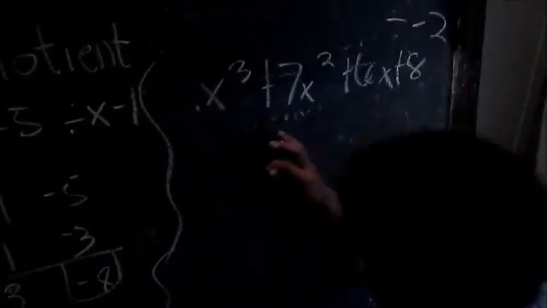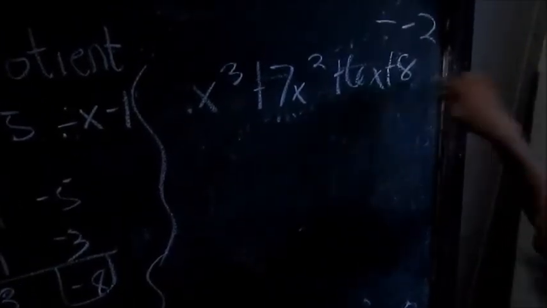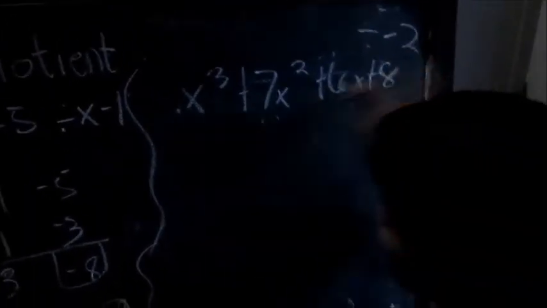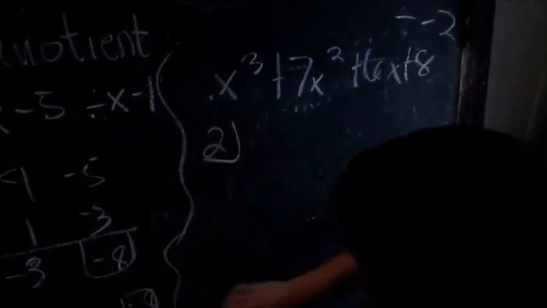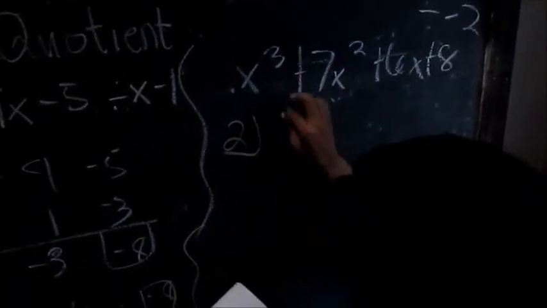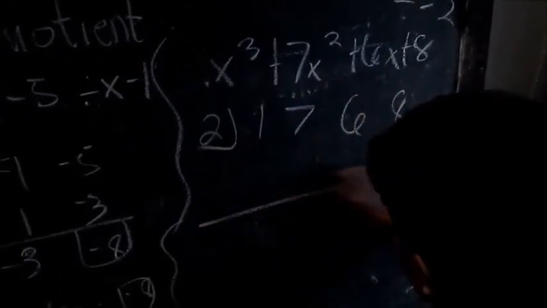Another, finding the quotient by using remainder theorem. We have x cubed plus 7x squared plus 6x plus 8 divided by x minus 2. We're going to use a positive 2 with synthetic division. So 1, 7, 6, and 8.